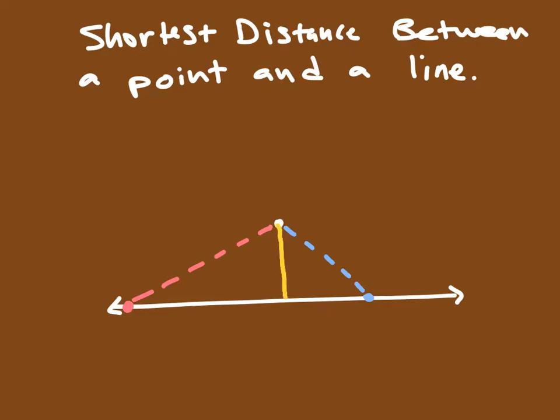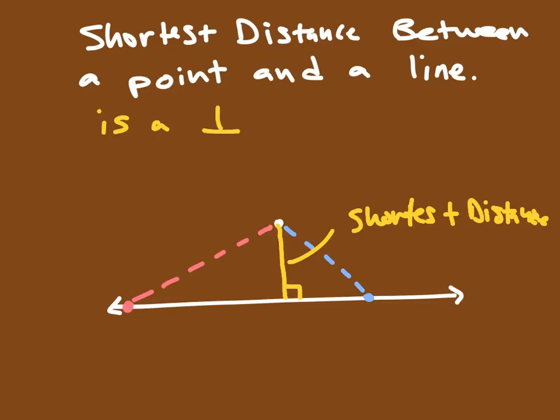So the shortest distance between a point and a line is a perpendicular line.